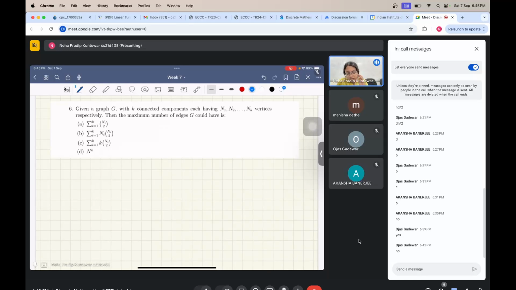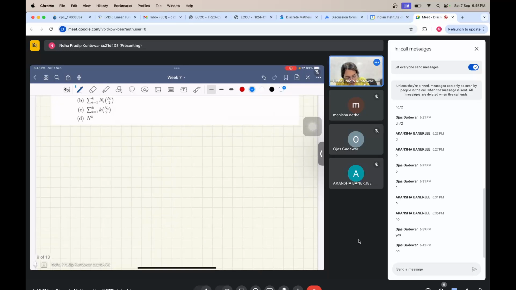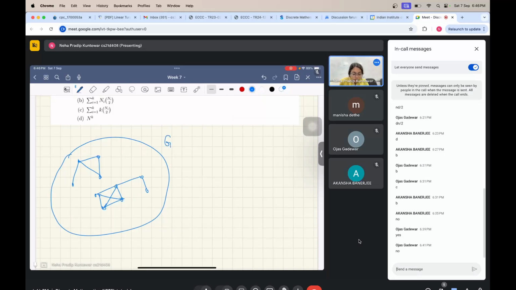So I'll just define what connected components are, because you need this for solving this question. So suppose I draw a graph like this. Okay, then this is a graph G. Then what you do is, you start at this vertex and tell me, I'll color them, but for that to happen I need to number them.